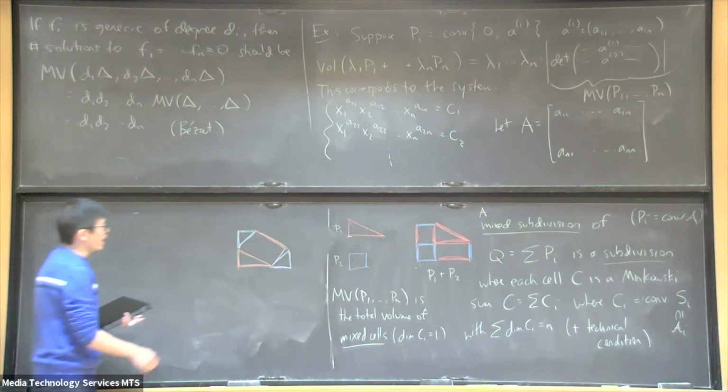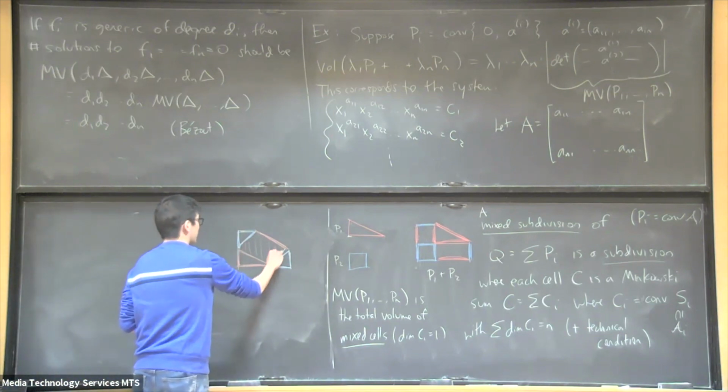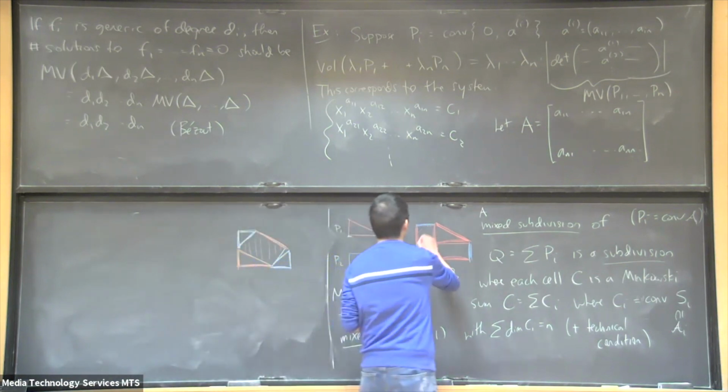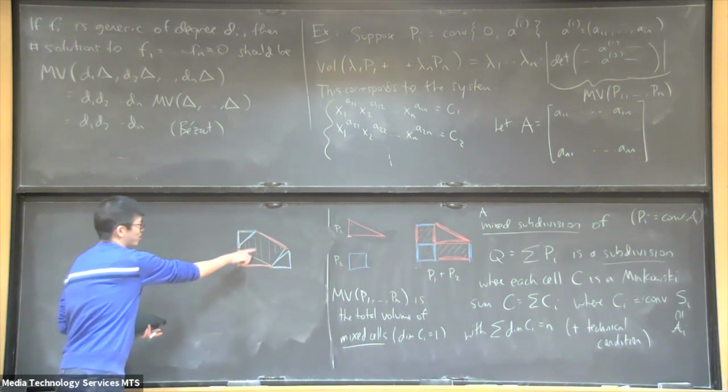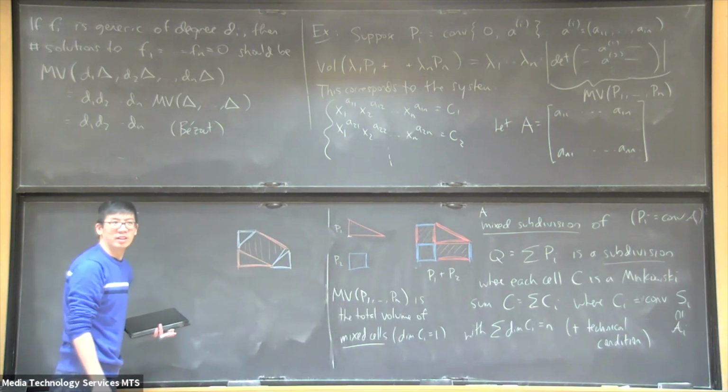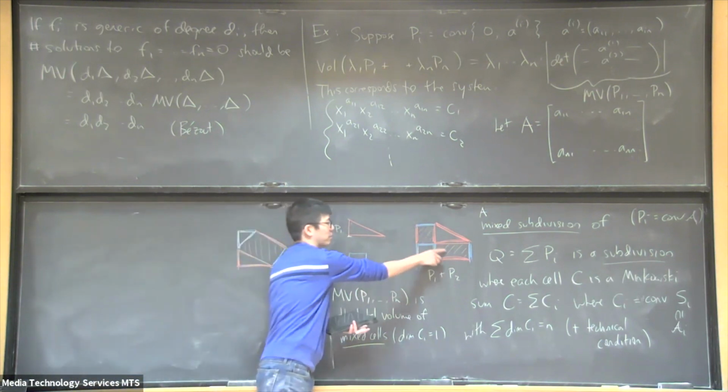And so here now, this is my mixed cell. Or these were my mixed cells before. So the number of mixed cells can change, but you can figure out what the volume of this thing is, and it'll just be the same as the sum of the volumes of these.